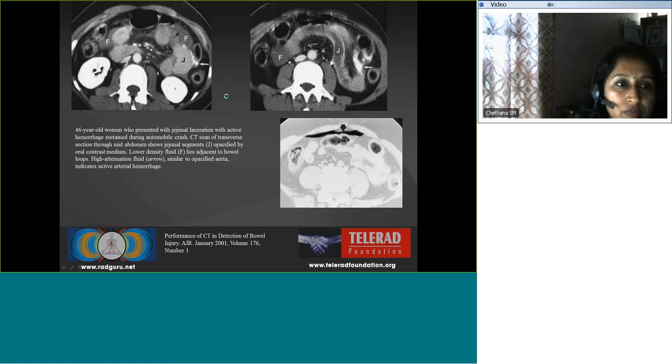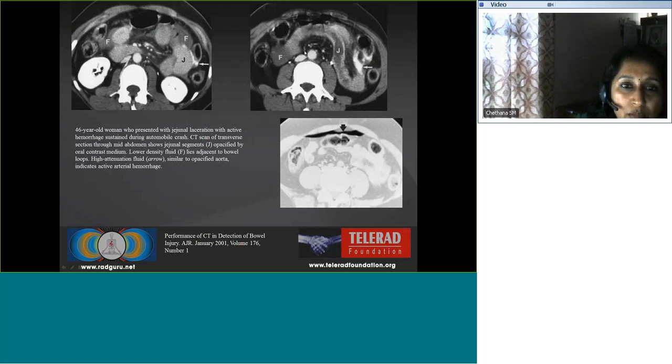This is a 46-year-old woman who presented with jejunal laceration. The findings we see here are the thickened jejunal loops, which are marked with J, and there is intraperitoneal fluid collection. In addition to this, there is active contrast extravasation.